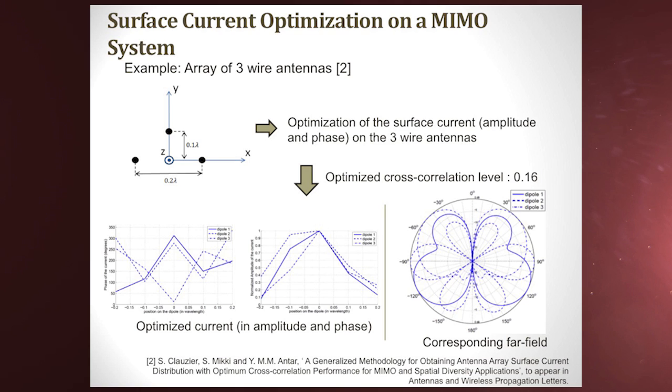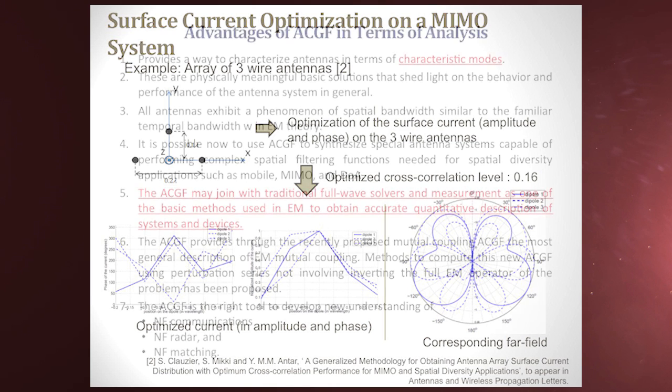So you can see that the current on the 3 antennas resembles what you would expect on a half wave or quarter wave dipole, whatever. There is a bit of a difference in the current. But the important thing is the variation in the phase. So you can actually control the phase of the current quite a bit, and the amplitude, to get the optimum correlation coefficient.